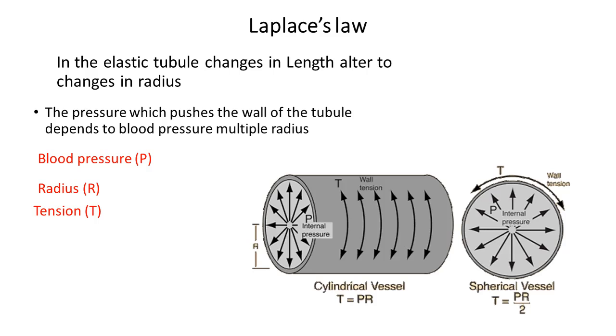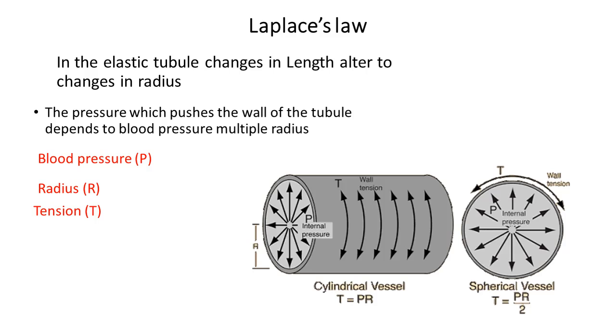So this formula shows us tension is directly related to blood pressure and radius. If blood pressure increases, radius is increased too. And why is our capillary very narrow? Because of the reduction of the effect of tension on its wall.